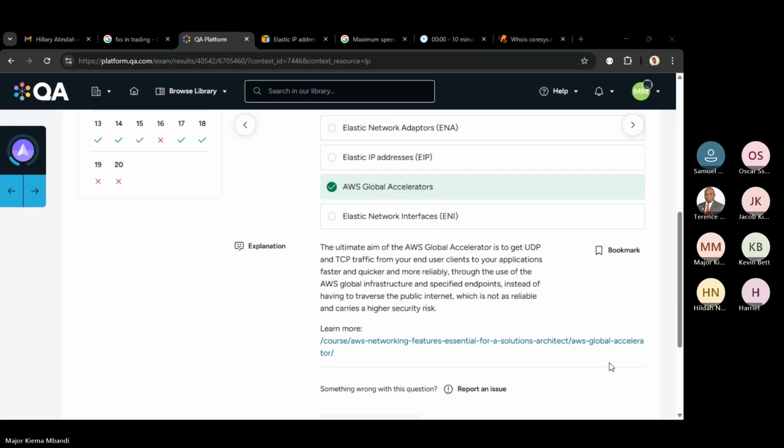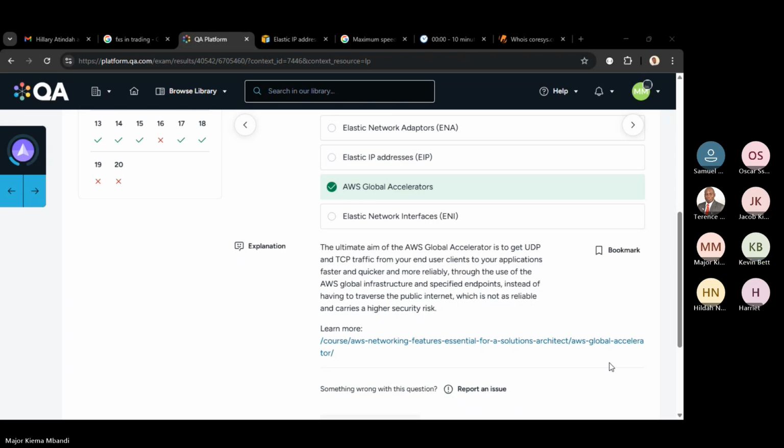So CloudFront would basically cache the data, as we had earlier answered. It caches the data on the edge location. So if my application and data are seated in South Africa, they're being cached in the US, basically to reduce the latencies.